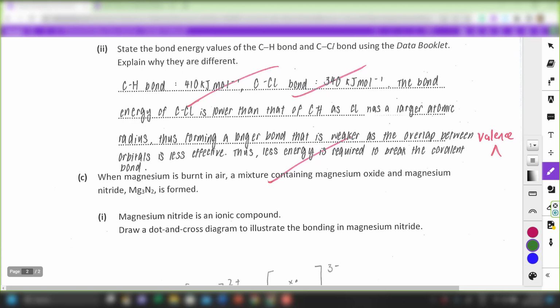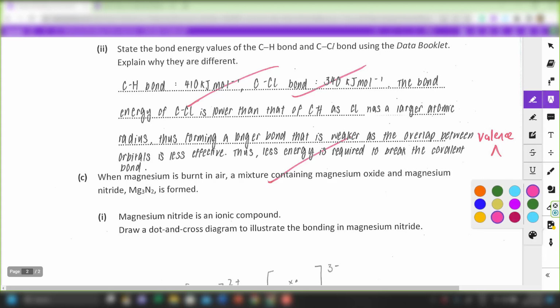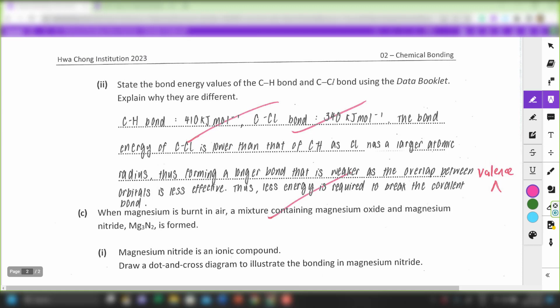Okay, then for part 2, you're supposed to quote the bond energy of C-H. So just make sure you flip your data booklet and quote the correct value. So that's 410 and 340. Okay, and then you're supposed to explain why they are different. Yeah, so the main idea that you need to highlight would be hydrogen is in period 1.